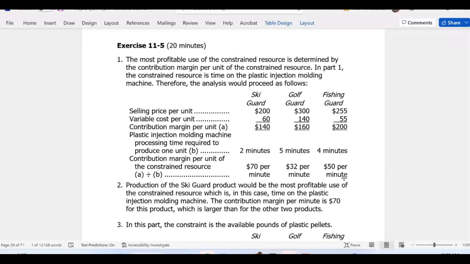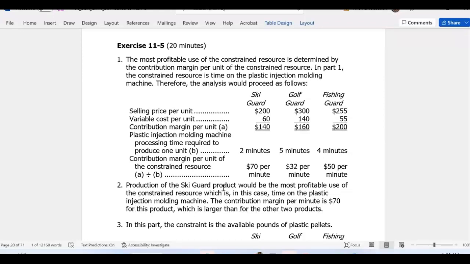So as you see, ski guard, even though the contribution margin is the lowest, per constraint resource has the highest profitability per minute of the machine time. Fishing guard is the second, and golf guard is the last one.